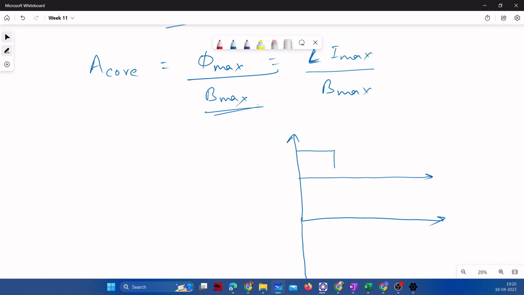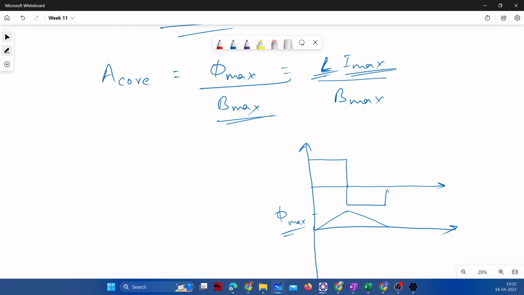We have seen that when voltage was positive, our flux was increasing, and when voltage was negative, our flux was decreasing. So this used to have maximum flux. To provide that much maximum flux, whether it is flyback or forward, phi max will be fixed, and that will be dependent on the inductor and I max. So wherever you can do a trade-off between L and I, that you will have to see.